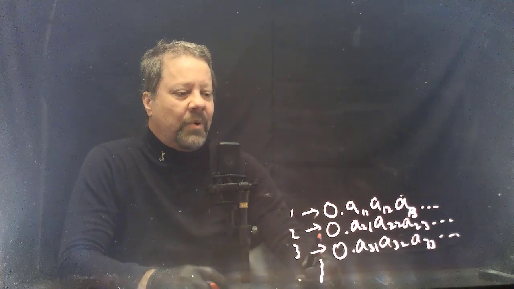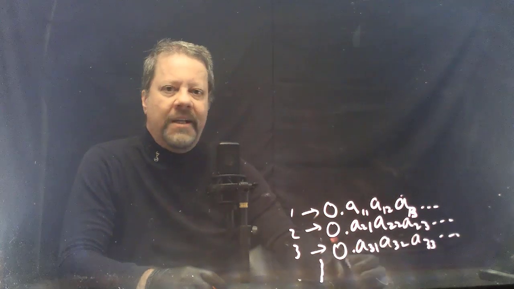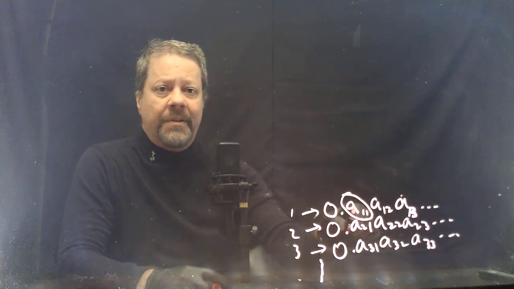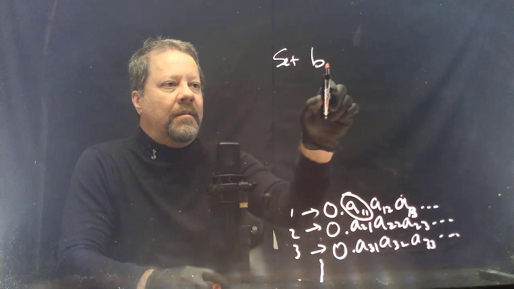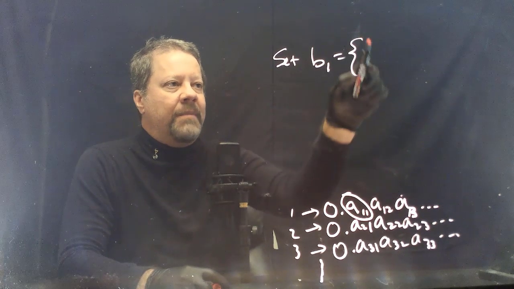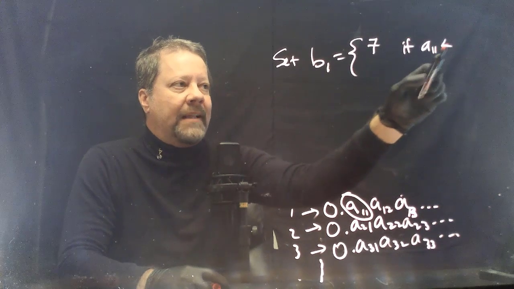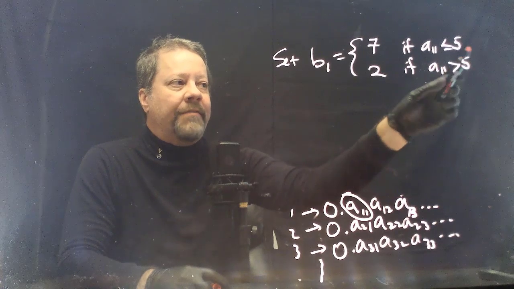So we're going to construct another number, still between 0 and 1, using these numbers here. It's going to be different from the first number in the first digit. Set B1 to be 7 if A11 is less than or equal to 5, and 2 if A11 is greater than 5.